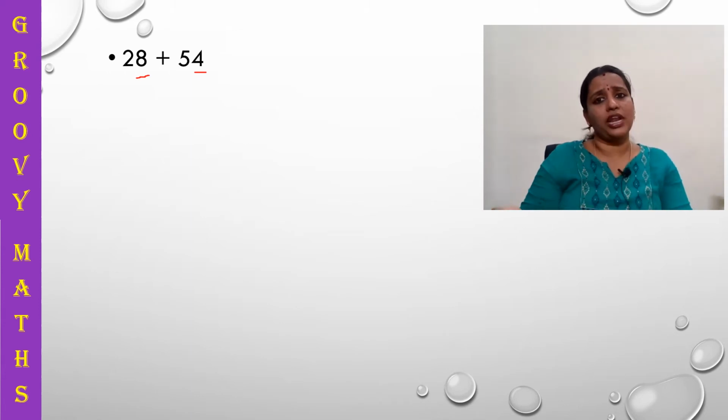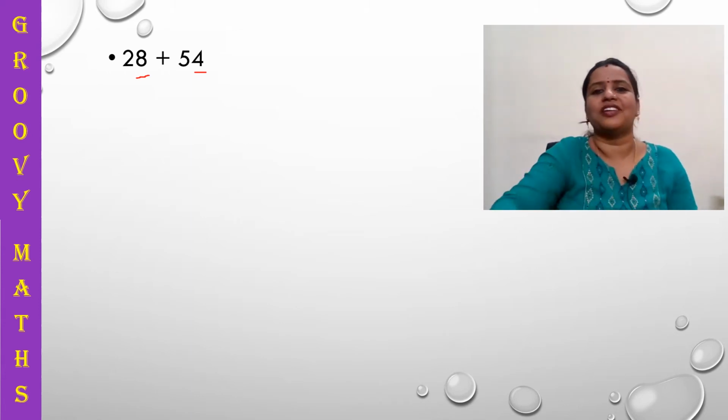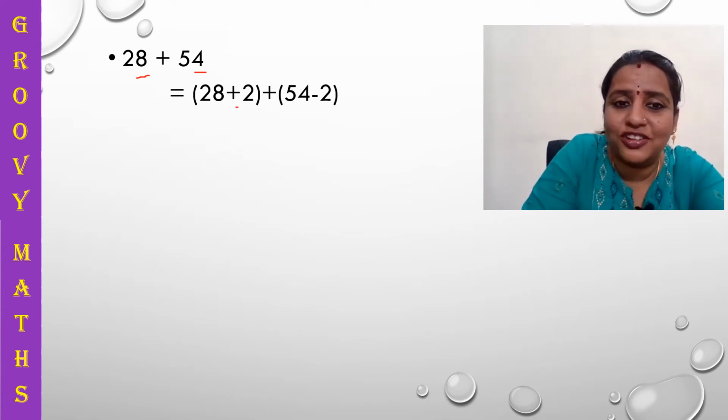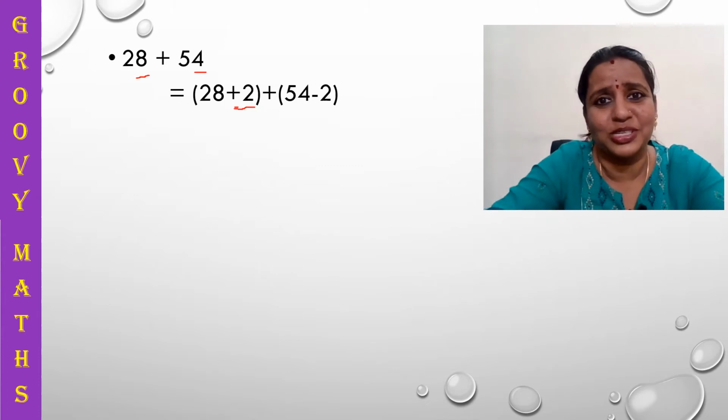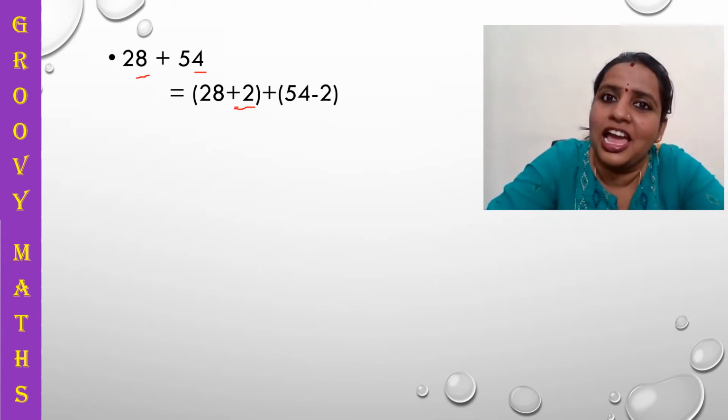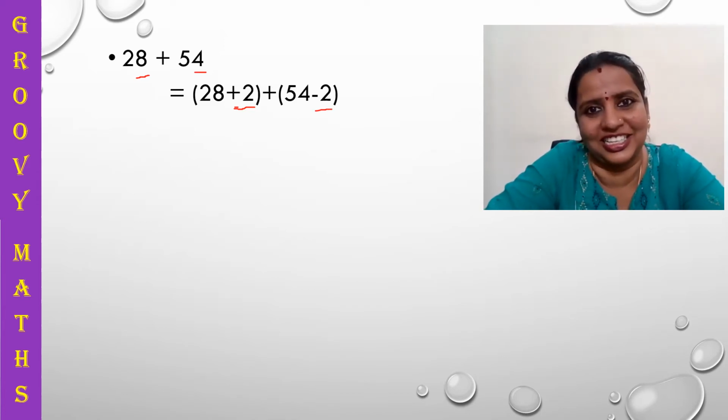Then in 54 what do I have to do? I have to subtract that 2 which I have added to 28. Will it jump from somewhere? No. As I have added here, immediately I have to subtract this 2 from the very next number.